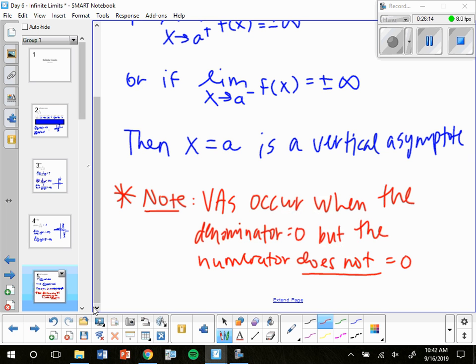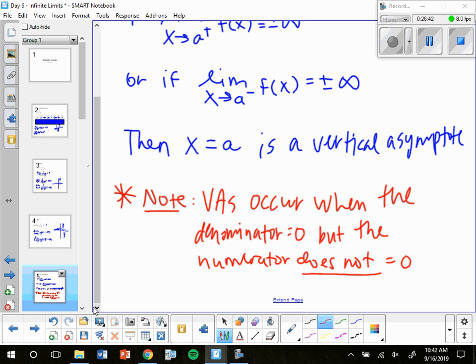What happens if both your numerator and denominator are 0? It's indeterminate, and then you can usually factor or rationalize or find a least common denominator, and there's probably a hole there. But if your numerator does not equal 0, but your denominator does equal 0, that's where you have a vertical asymptote. Because your bottom's getting closer and closer to 0, but your top's not getting closer to 0. So you're just getting a very, very, very large number.